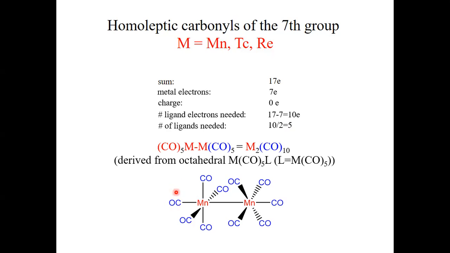So we have here these 2 carbonyls as the axial ligands, and we have here these 4 as equatorial ligands, and these 4 as equatorial ligands as well. So now, when we look at the relative orientation of the equatorial ligands, then we see that they are in staggered orientation relative to each other.